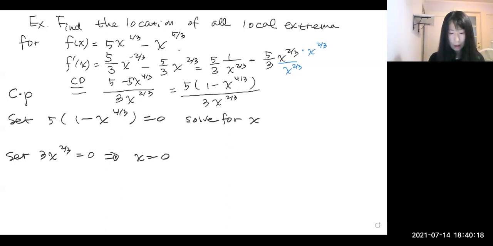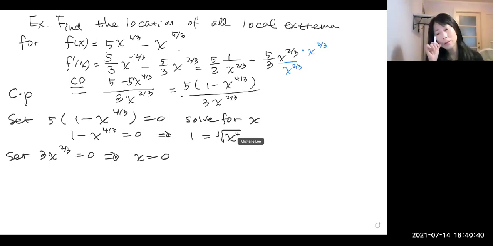Now the top one, we say that 1 minus x to the 4/3 equals 0. We move it over: 1 equals x to the 4/3. How about this? Cube root and fourth power there. Now we want to solve for x.